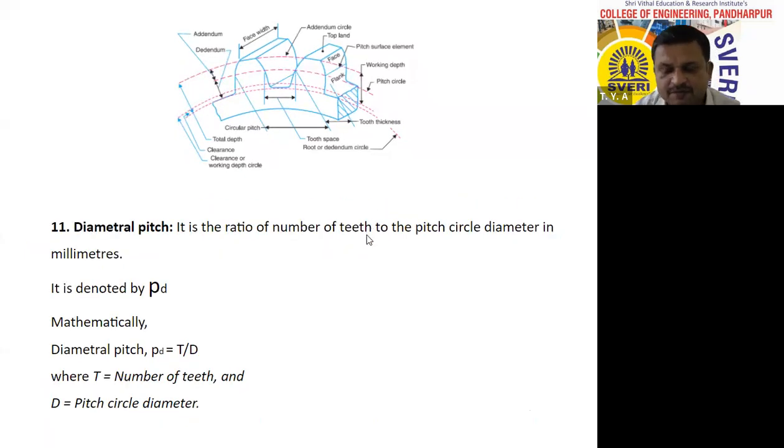Next is the diametral pitch. It is the ratio of number of teeth to the pitch circle diameter in millimeters. It is denoted by PD. Mathematically, diametral pitch PD is equal to T divided by D, where T is the number of teeth and D is the pitch circle diameter.